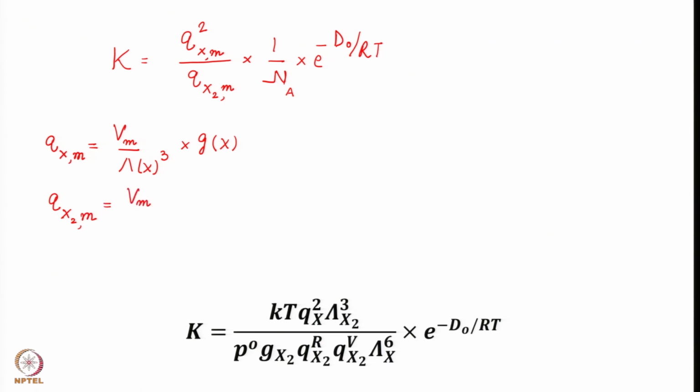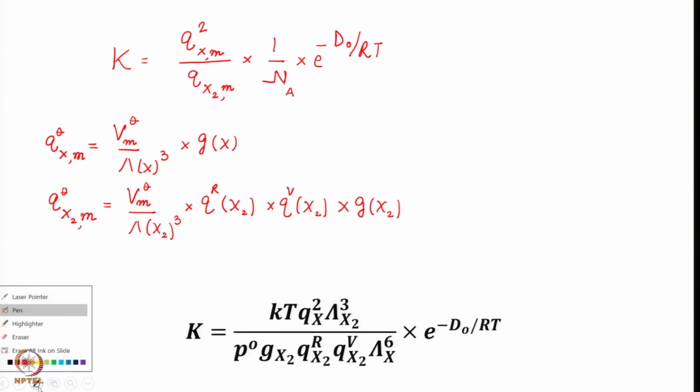Vm, here I will put standard state, left hand side you assume as standard state, everything is actually under standard state, over lambda x2 cube into, I need Qr, into vibrational into degeneracy of x2.